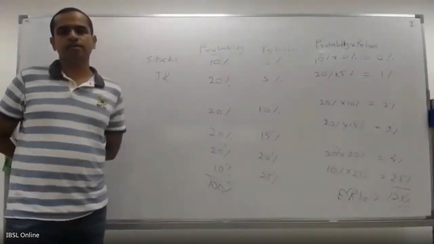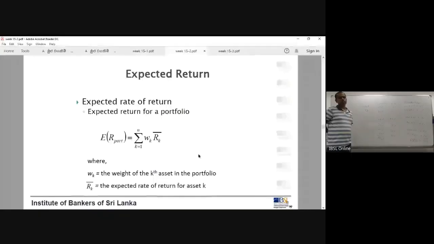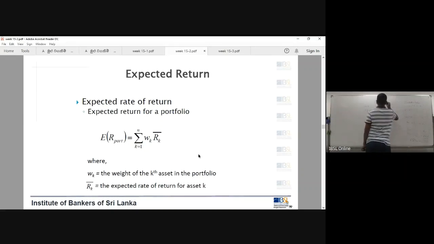An expected return. Okay. Now what if these probabilities, well, let me put it this way, these were the weights, right?